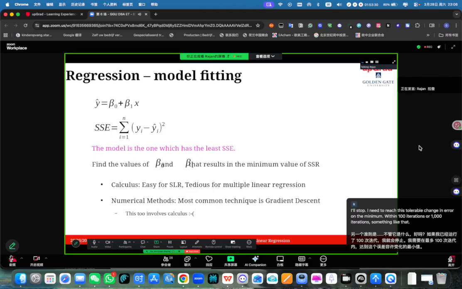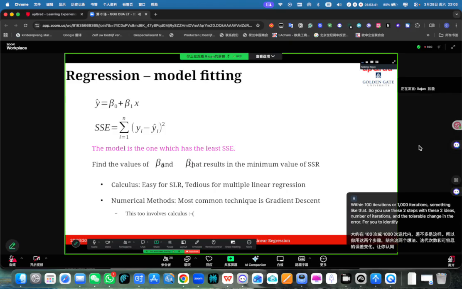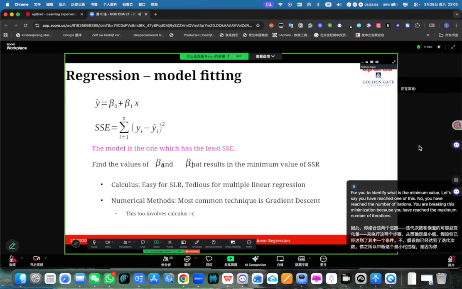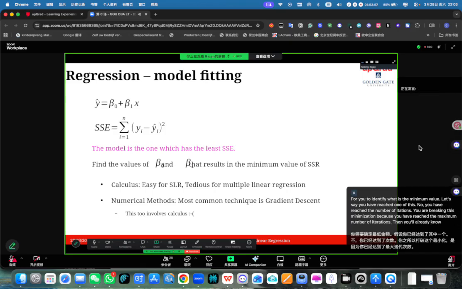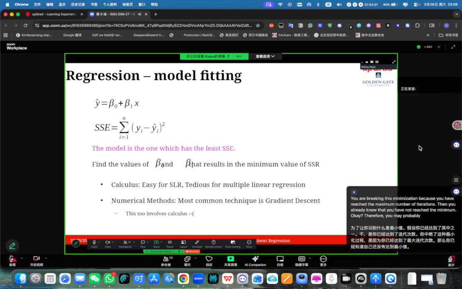So you use these two ideas, the number of iterations and the tolerable change in the error, to identify the minimum value. Let's say you have reached the maximum number of iterations and you are breaking the minimization. Then you already know that you have not reached the minimum. Therefore, you may have to increase the step size.